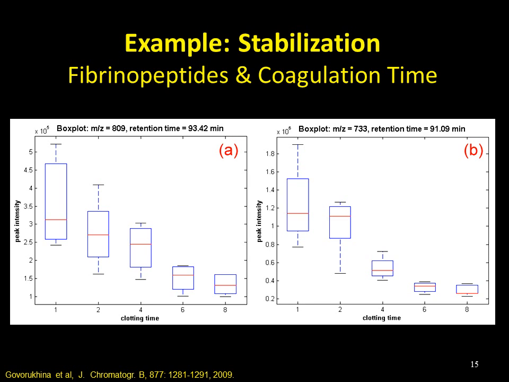This is an example from our own work illustrating how important it is to standardize and stabilize samples. In this research project we were looking into the effect of the coagulation time to prepare blood serum on certain peptides, the so-called fibrinopeptides, which participate in the coagulation cascade.